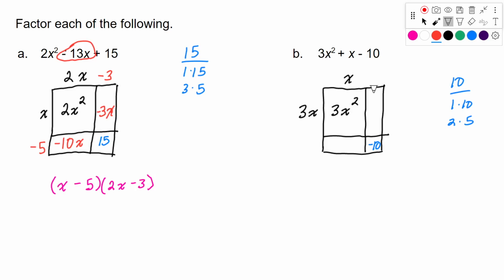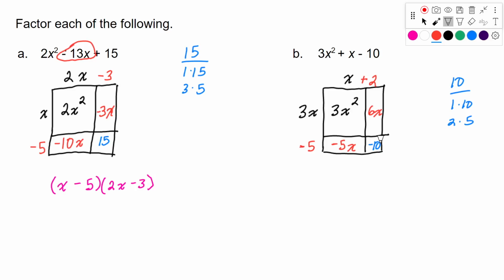And I'm thinking about this, and I'm thinking if I take 2 times 3, that would give me 6x. And if I take 5 times x, that's 5x. And if 5 is negative, 6 is positive, so that means the 2 is positive, I will get the 1x that I have for my second term.